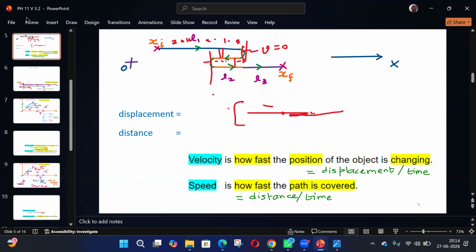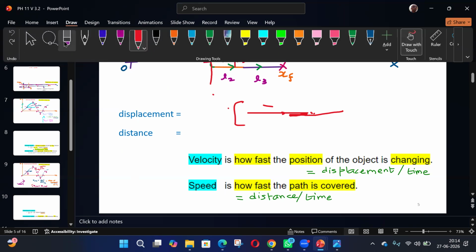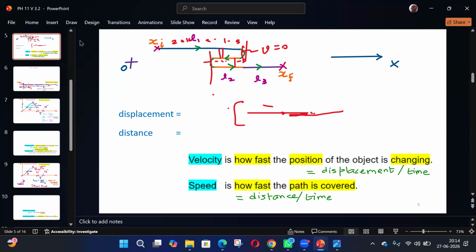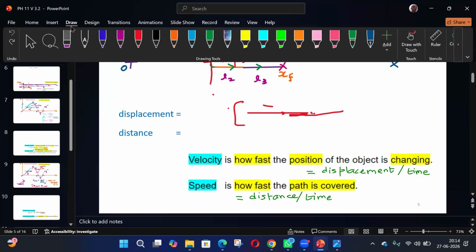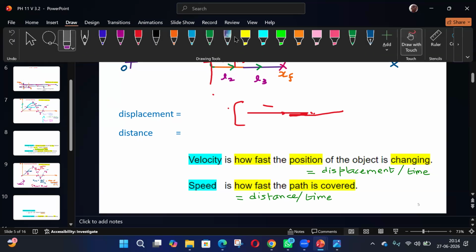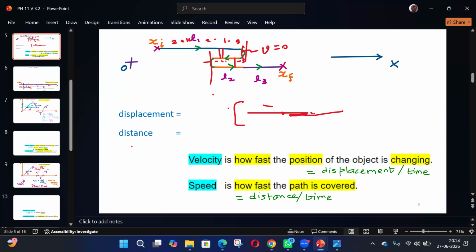So here in this case, the displacement will be how much? From here to here, I've given as L1.